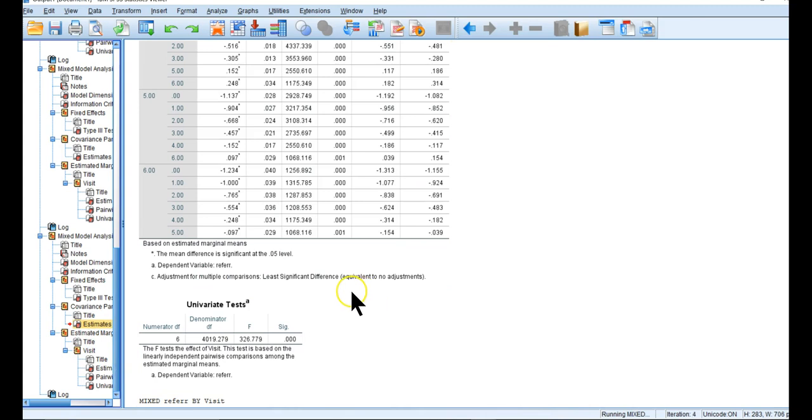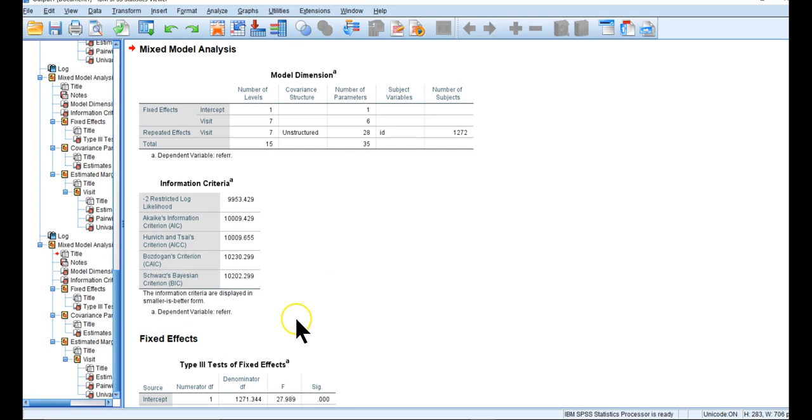And it's thinking a minute on this one. There we go. And that says 28. I thought it would only be 16, but that's because we have 7 visits, so it's a little bit more. 7 times 7 is 49.